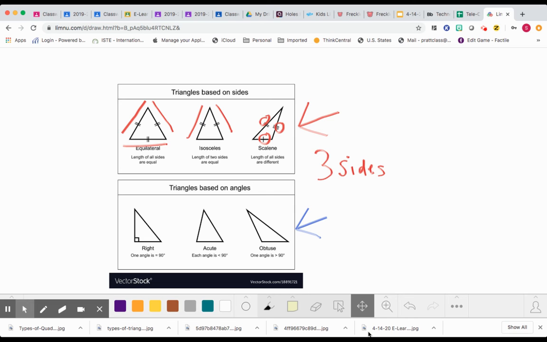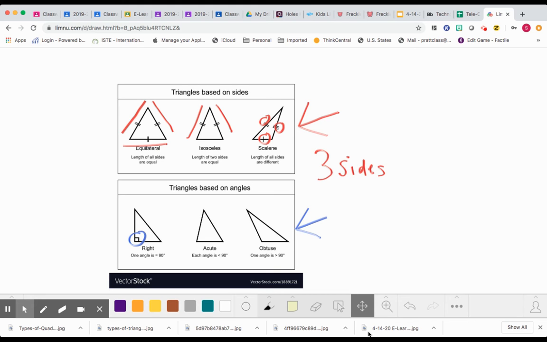So it should be a perfect 90 degrees. If it's a true 90-degree right angle, it's going to form a square. That's a right triangle, so one angle is 90 degrees.